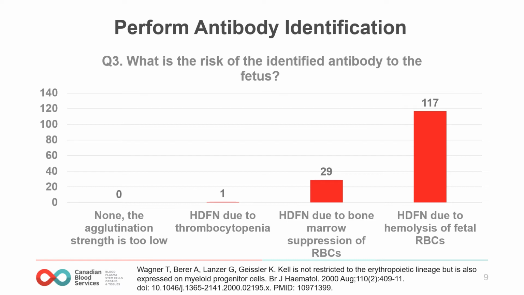KEL antibodies usually attack the bone marrow. Therefore, there will be no red blood cells produced, while other antibodies usually cause hemolysis in pregnancy.